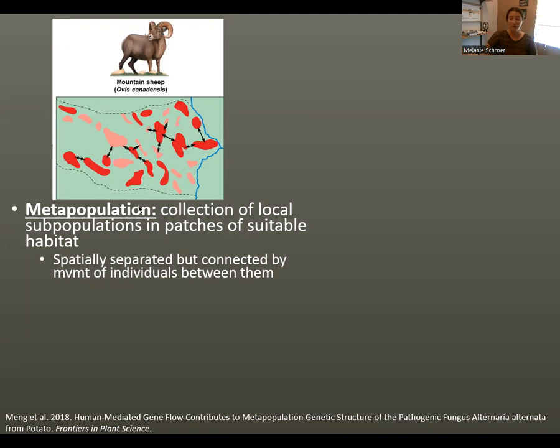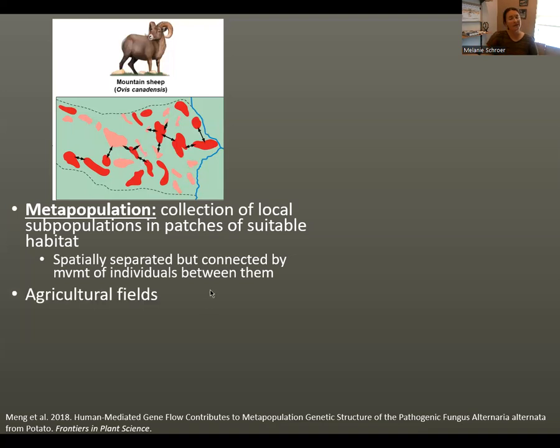Right, so again, we can draw a line around all of it and say, yep, that is the distribution of this species. But in reality, this green space is not suitable for mountain sheep. This green space is not suitable for mountain sheep. And so we see that there are much smaller patches in which there are somewhat isolated populations, somewhat isolated groups of individuals. Okay? But we still see that there is some transfer of individuals and genetics between them.